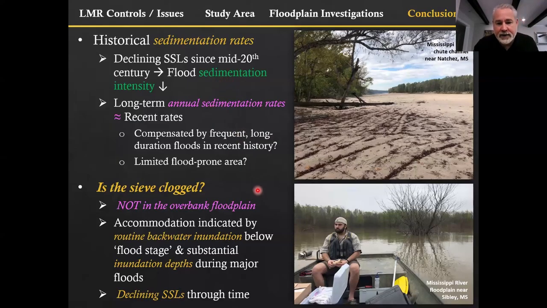Is the sieve clogged? There's plenty of accommodation space, as we've seen by flood depths in this inundated floodplain going down, in some cases, 7 to 8 meters of inundation during major floods. We also see that declining suspended sediment loads through time don't pose as much of a threat to the overbank floodplain environments.